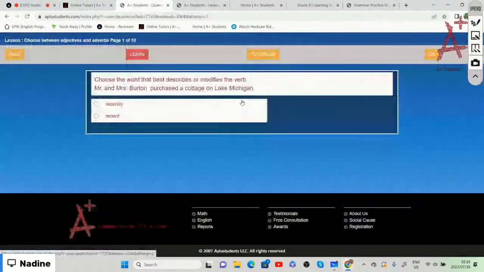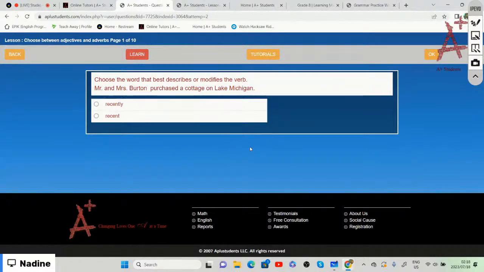All right, so Mr. and Mrs. Burton recently purchased a cottage on Lake Michigan, or recent purchased a cottage on Lake Michigan. We need to choose the correct word that best describes or modifies the verb, which means that we need to choose the adverb between these two words so that we can complete the sentence.